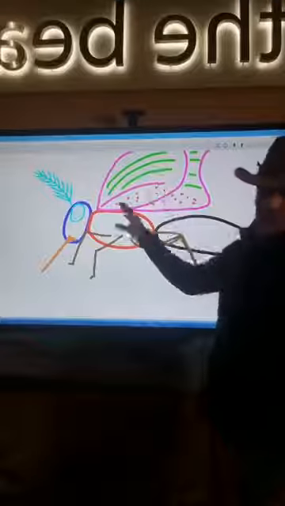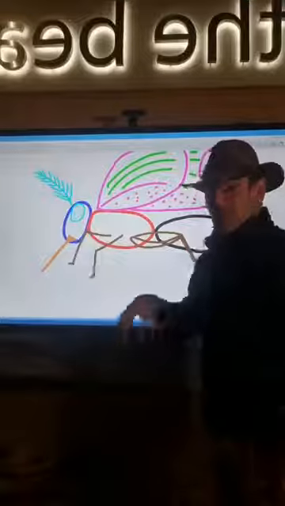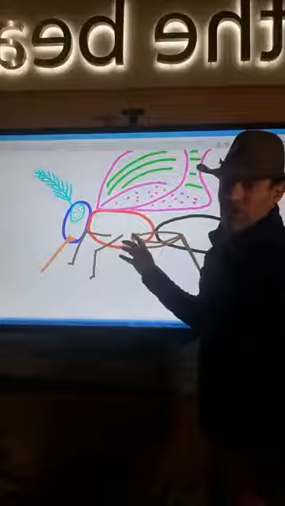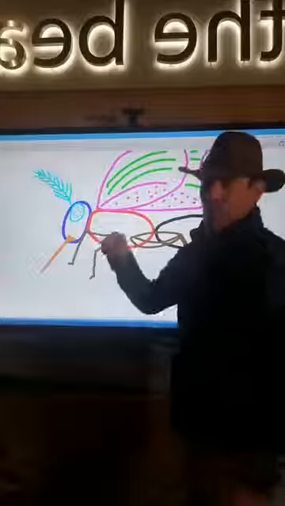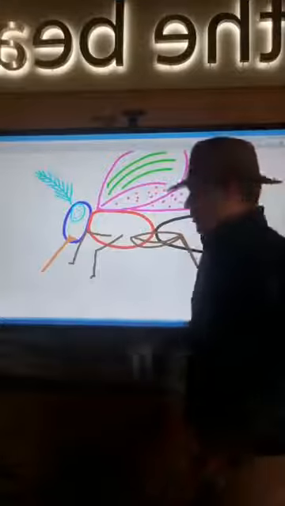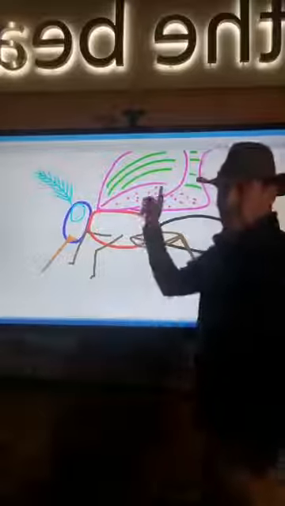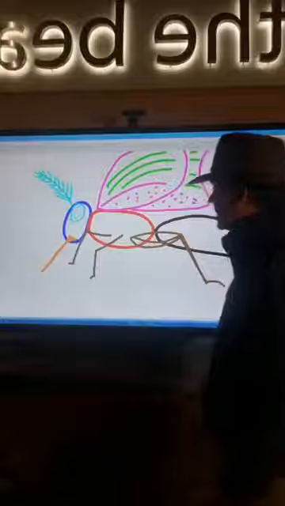The big wings. So this is going to make us fly really well. We're going to be able to either blend in with our surroundings, or we're going to be really bright and attract attention, so we better not taste very good. But with these big heavy legs, it's going to be harder for us to fly.